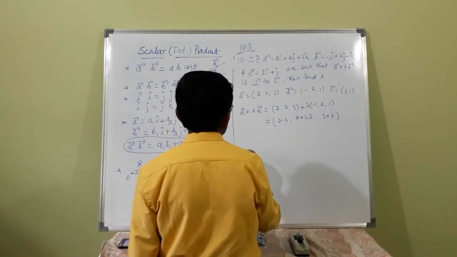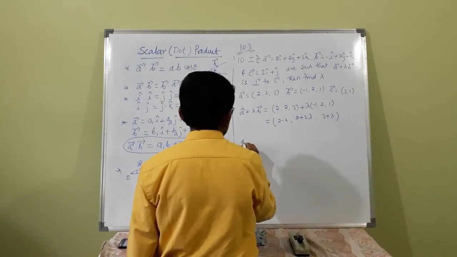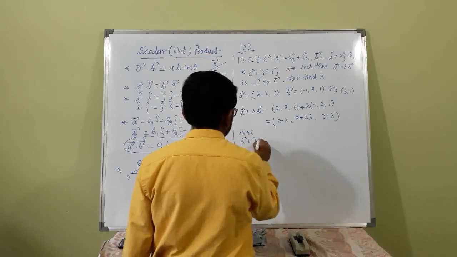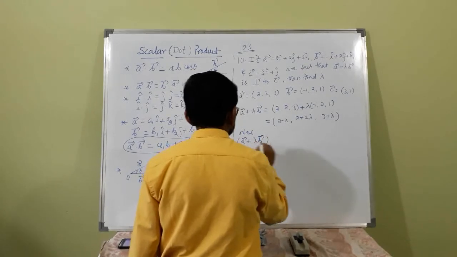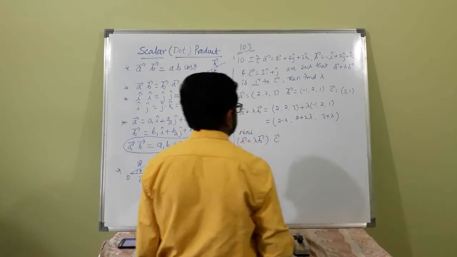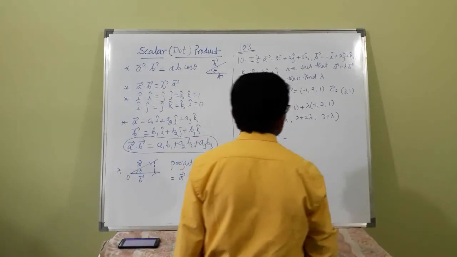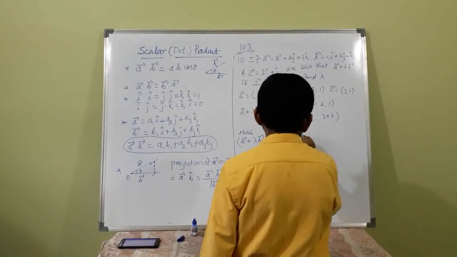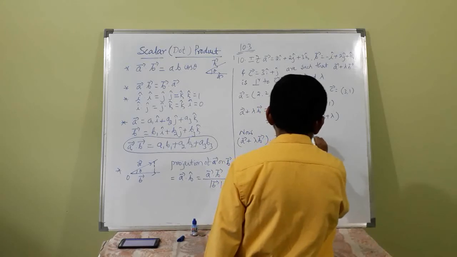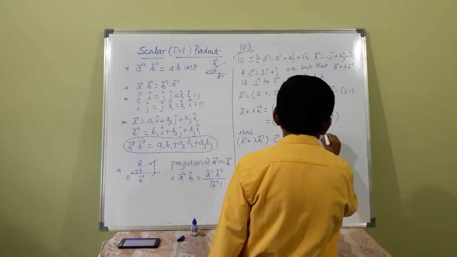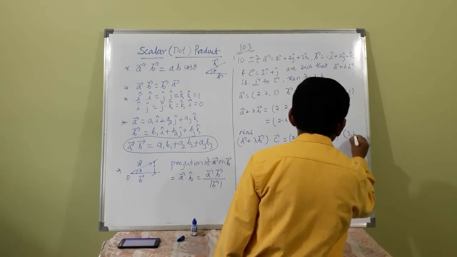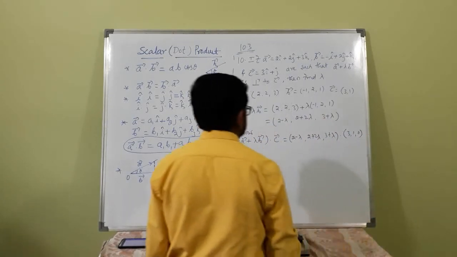Now A plus lambda B dot C is equal to 2 minus lambda, 2 plus 2 lambda, 3 plus lambda dot 3, 1, 0.